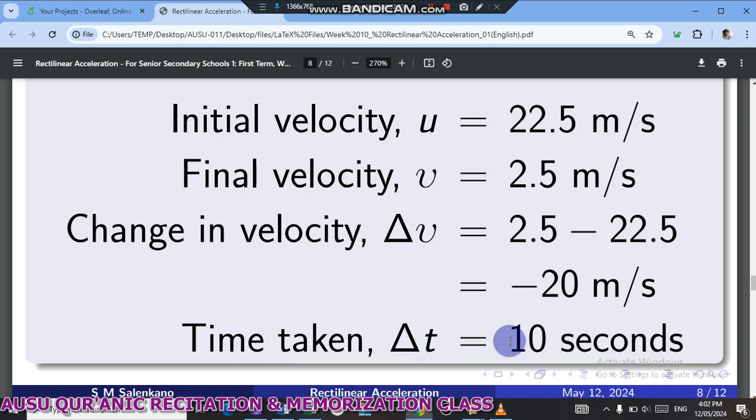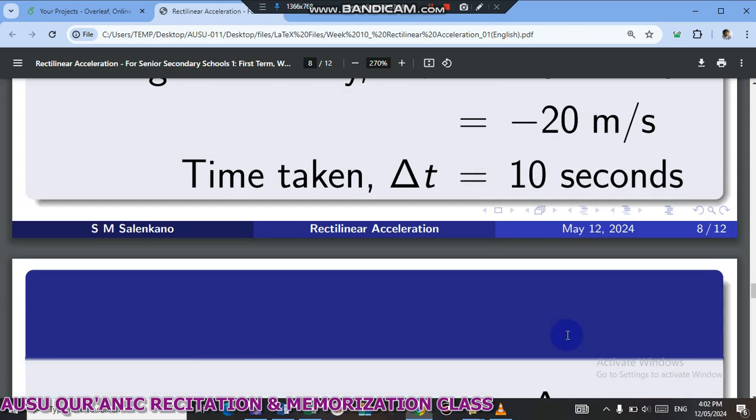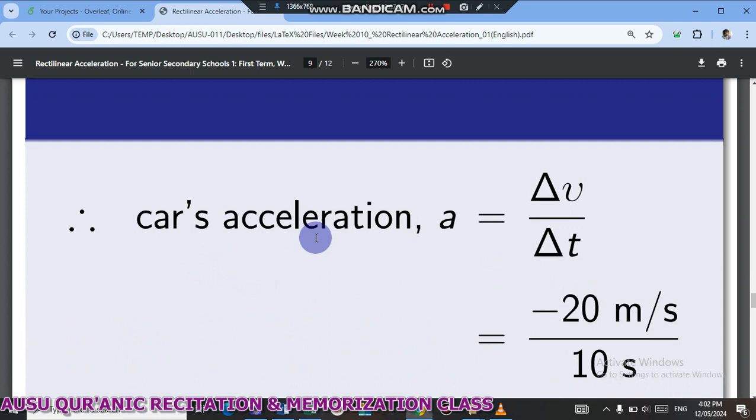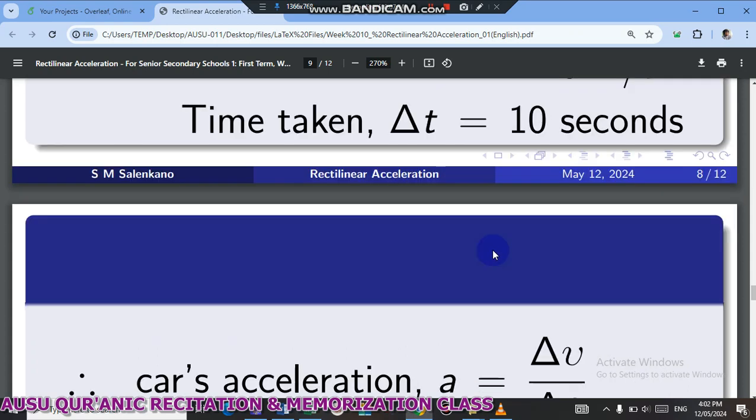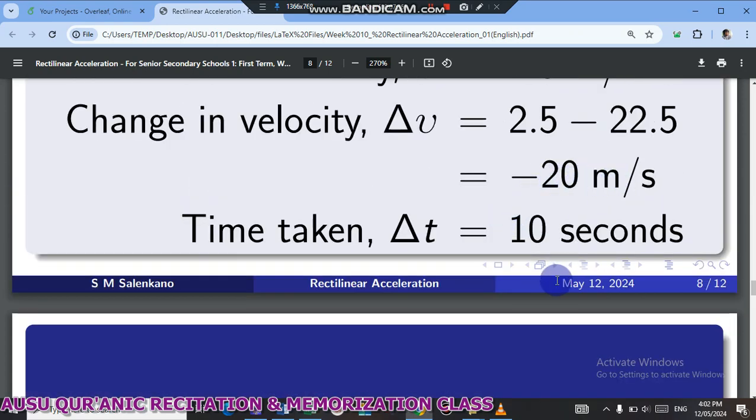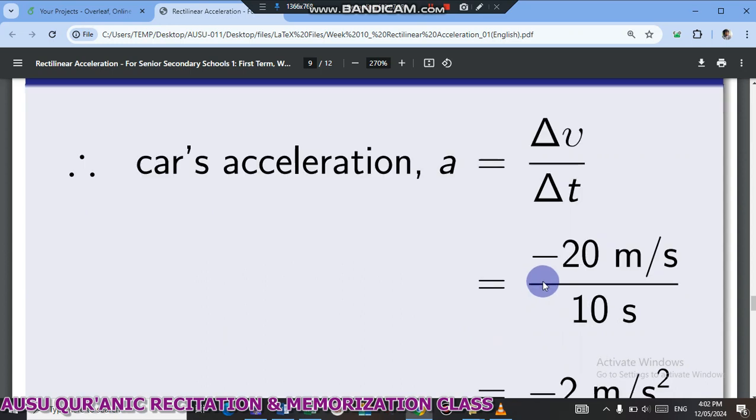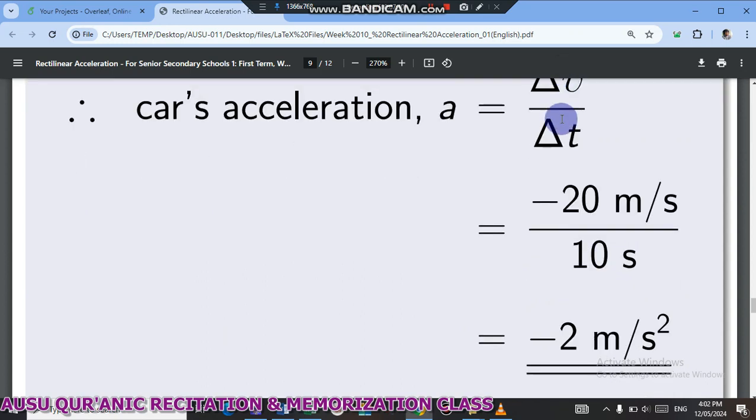Time taken, delta t, is 10 seconds. So the car's acceleration a, if you apply the formula delta v divided by delta t, your delta v now is negative 20 meters per second, so you substitute negative 20 meters per second, and the time it takes to change is 10 seconds.